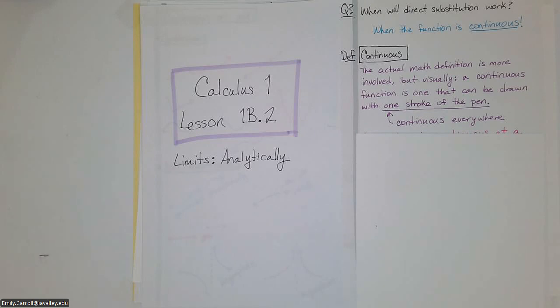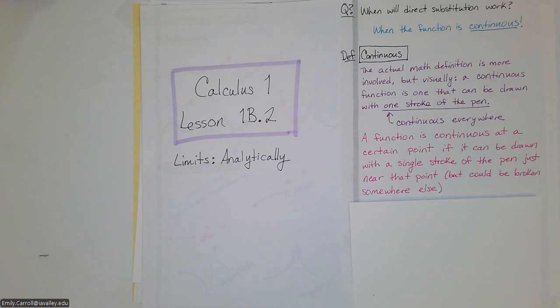Some functions are continuous only some places or only in most places. So we can also talk about what it means for a function to be continuous in a certain spot. A function is continuous at a certain point if it can be drawn with a single stroke of the pen just near that point, but it could still be broken somewhere else.